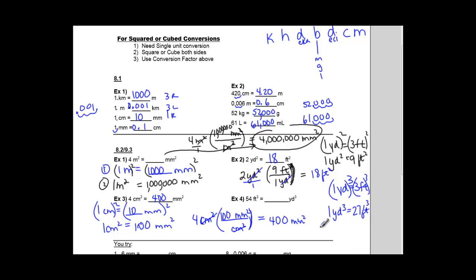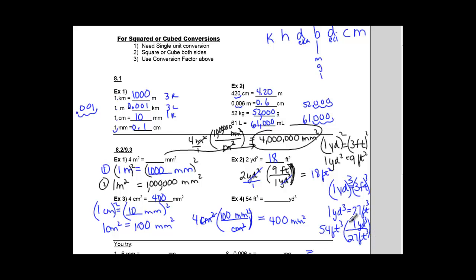So if I start out with 54 feet cubed, I want to multiply that by, we want the cubic feet on the bottom, so 27 cubic feet, so that the feet will cancel out, and we're wanting to convert to yards, so that's going to be in my numerator.